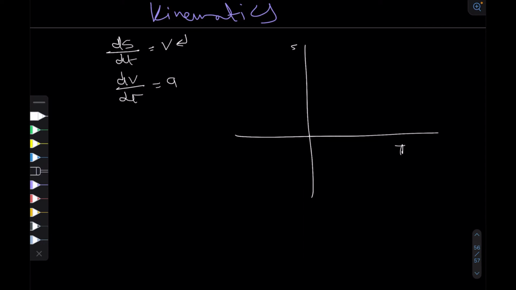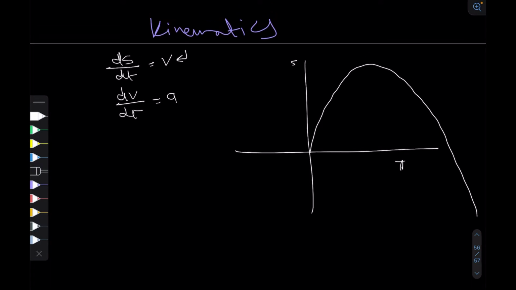Let's say it increases like this, and then it goes down, and something like that, right? Now, this sort of situation is exactly where calculus comes into play. When you have a curve and you want to find the gradient at a certain point, or the closest approximation to gradient, you use calculus. So if I have displacement and I differentiate it, I get velocity, and then if I differentiate further, I get acceleration. And of course, all of these are with respect to time.